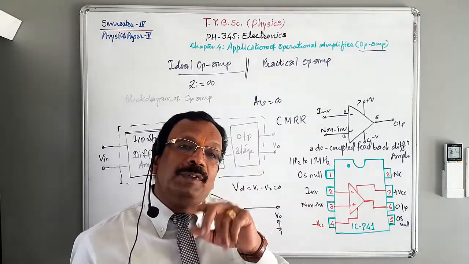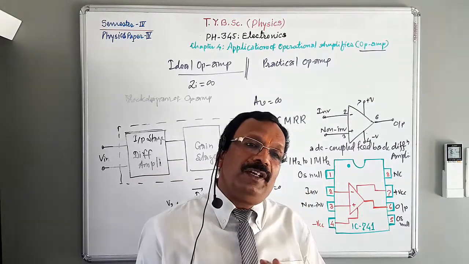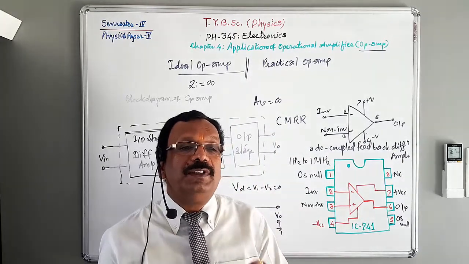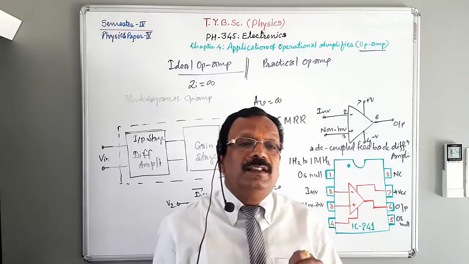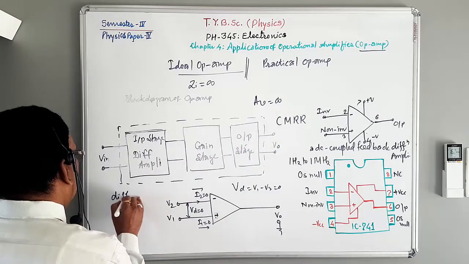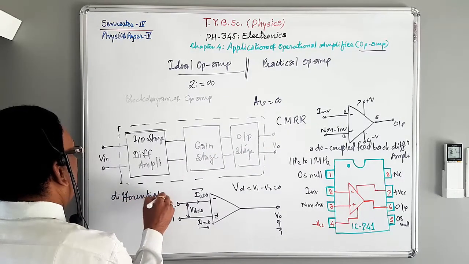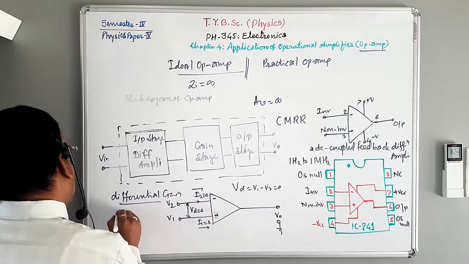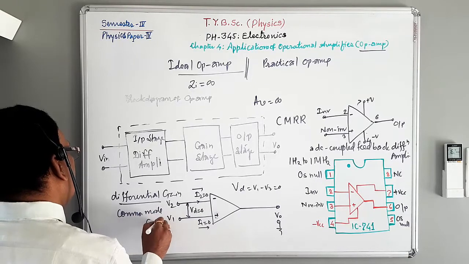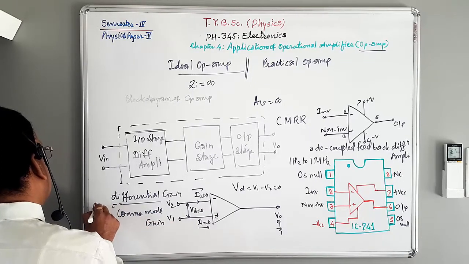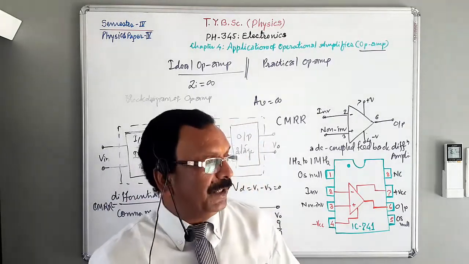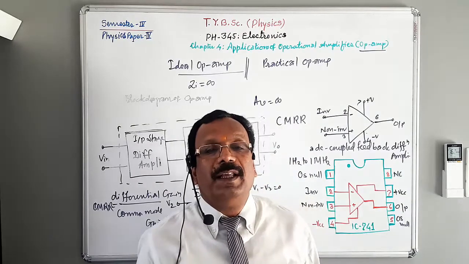First of all, we should know what common mode rejection ratio is. You already studied this terminology in TYBSc electronics. Common mode rejection ratio is the ratio of differential gain to common mode gain. This is the CMRR.